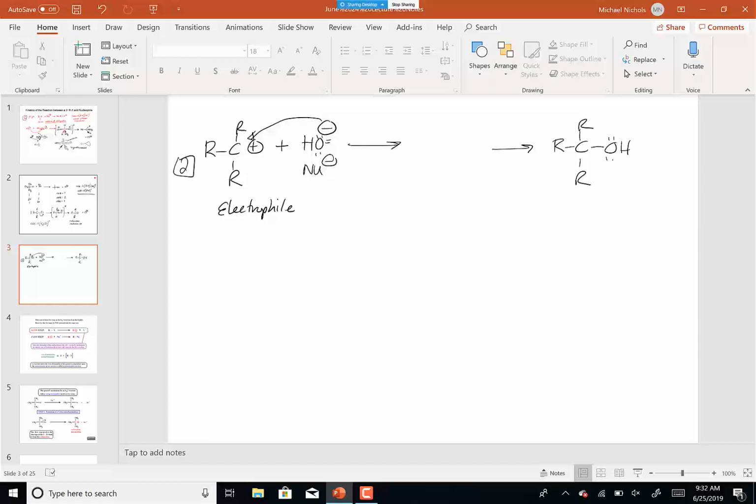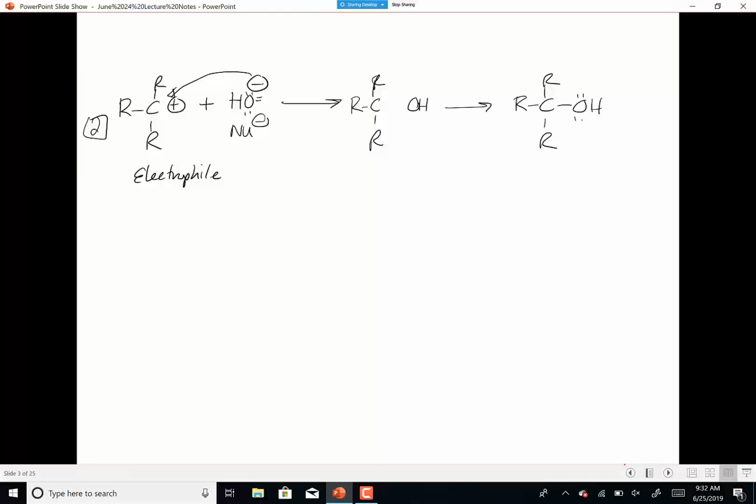What's the transition state for that going to look like? Am I forming a bond? Yes.